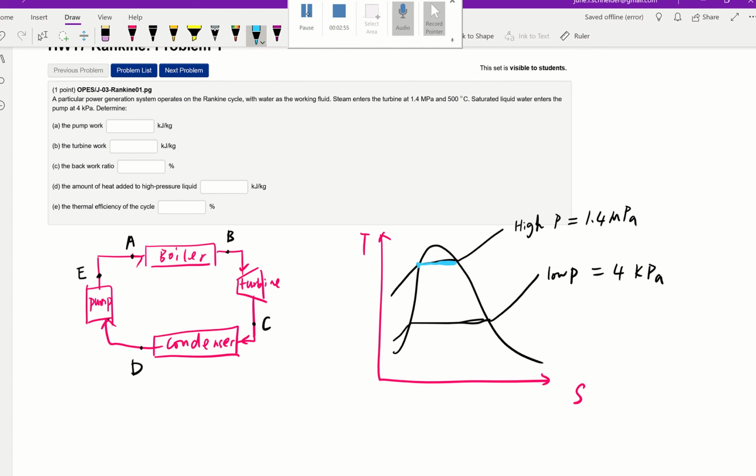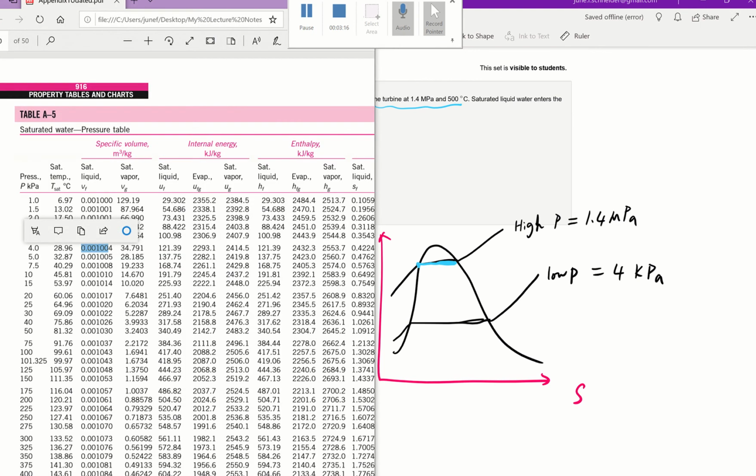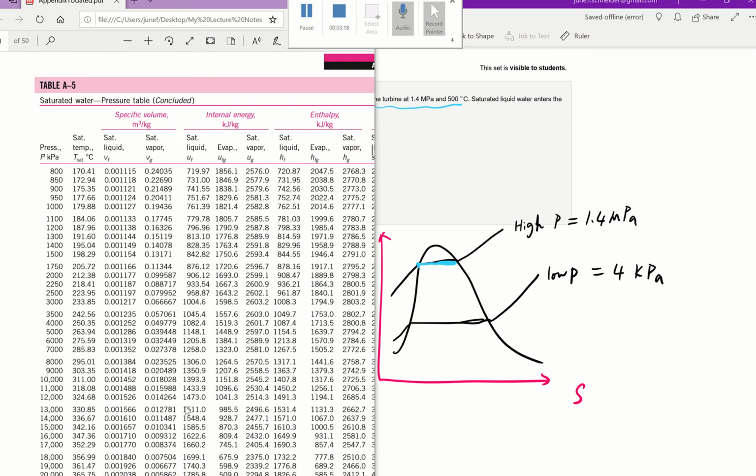And then from A to B, now we need to really figure out, is this B at 1.4 megapascal and 500 degrees superheated vapor or is it saturated vapor? So in order to do that, we're going to bring up our steam table. Let's look at the steam table for 1.4 megapascal and 500. So 1.4 megapascal, in table A5, that's 1400 kilopascal, right? Let's take a look.